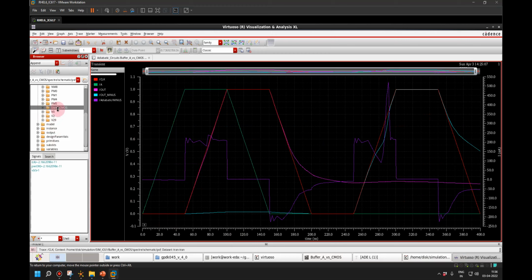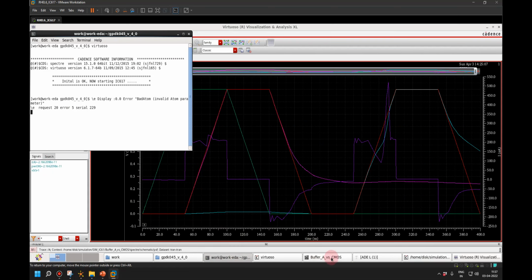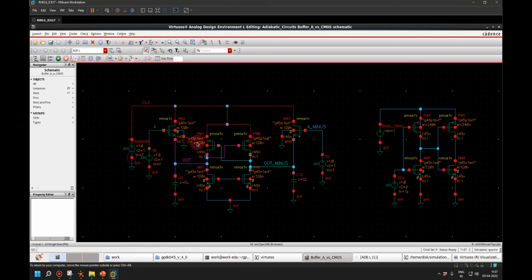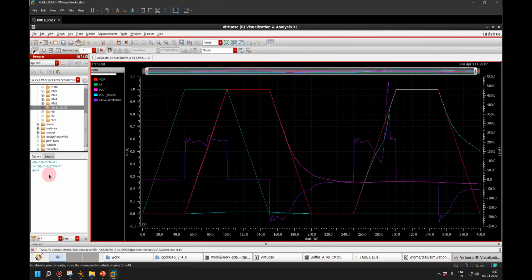So now I am checking the device power, the power which is consumed from this particular source, static CMOS, and this source I have named as adiabatic. I am checking those powers.